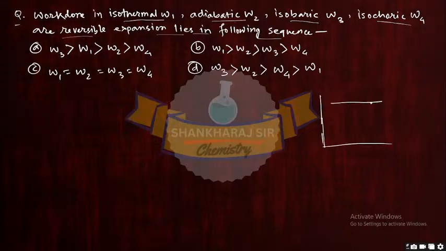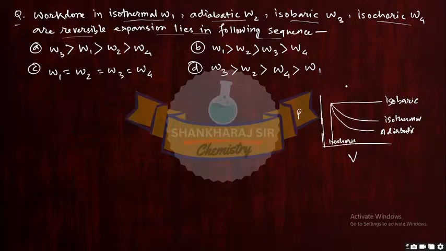This is the pressure, this is the volume. Here pressure is constant, it is for the isobaric, this is for the isochoric, this is for the isothermal, and this is for adiabatic.